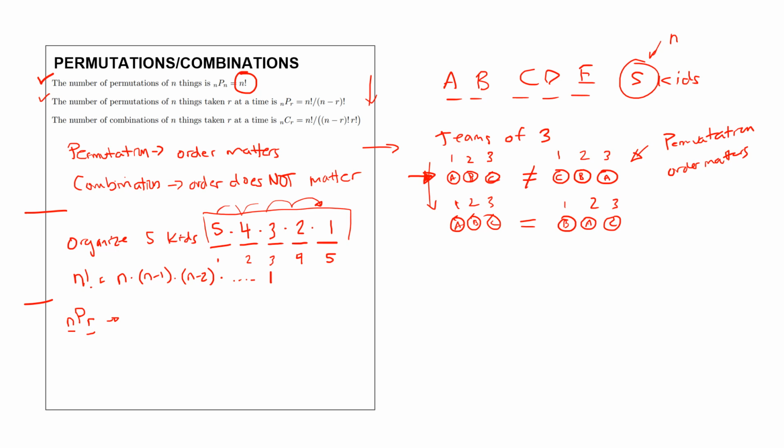Here, remember, order matters. If you take student A, then B, then C, it's different from taking student B, then C, then A. So the way we solve this, if you're familiar with your own calculator, I'm not sure which ones you have, but there is functionality on calculators to do these problems, to just plug it into this formula. But the more written out formula we can use is n factorial over n minus r factorial.